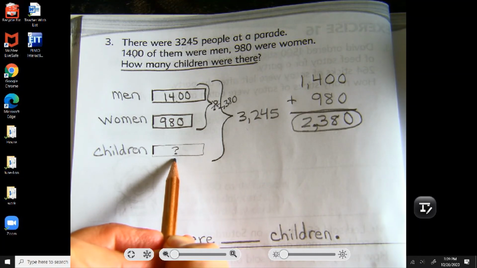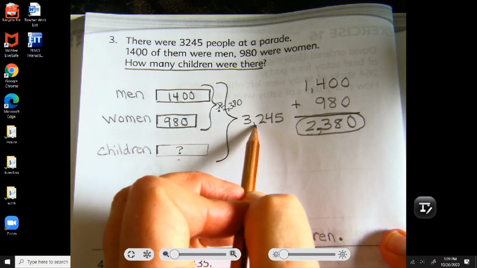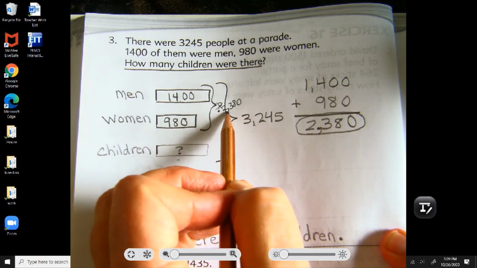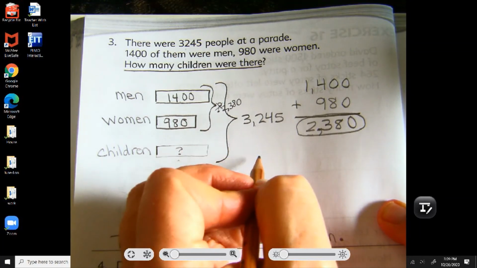So think for a moment. What problem do you think it would be to get to the number of children? The total number minus the number of adults tells us how many children there are.